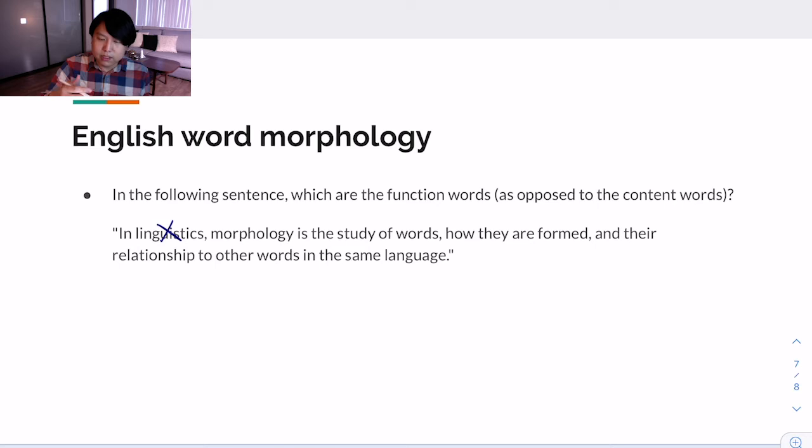Just like linguistics, all the nouns should be excluded because nouns are always content words. Morphology is a noun. Study, words, relationship, words, language: they're all content words. And adjectives, like same, should also be excluded.